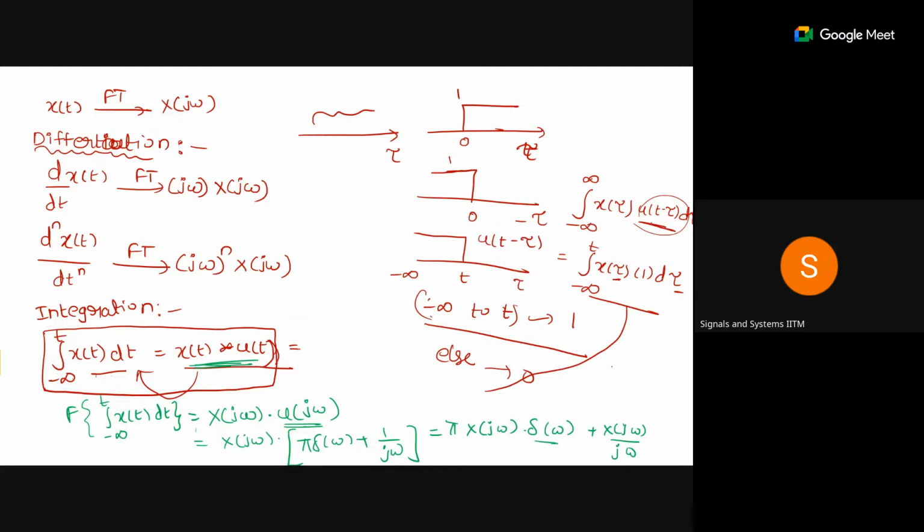X of omega will be delta at 0, and other than that it will be 0, except at omega equal to 0. So we write it as pi times X of 0 delta omega plus X of j omega by j omega. Did you understand?